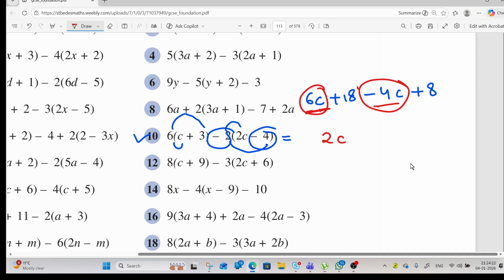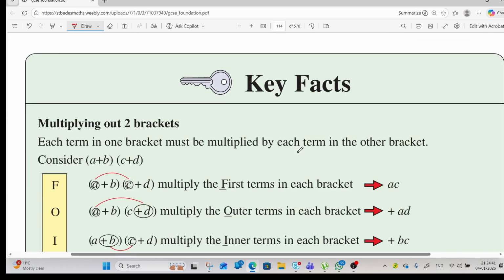Good. Yes. 18 plus 8 is 26. Yes, so that's your answer: 2c plus 26. Clear?